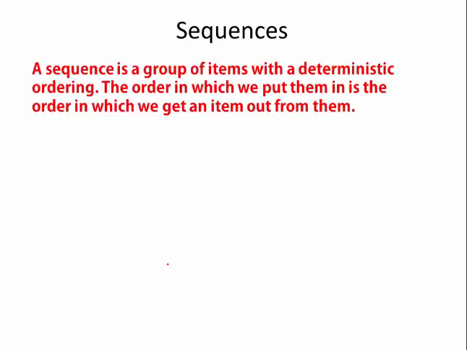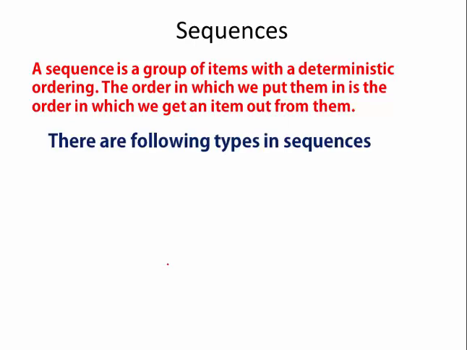Moving further, now we are coming to the sequences. The none data type I already told you, the absence of any value is called none data type. In sequences we have already learned three things: the string, list and tuple. A sequence is a group of items with a deterministic ordering. The order in which we put them in is the order in which we get an item out of them.